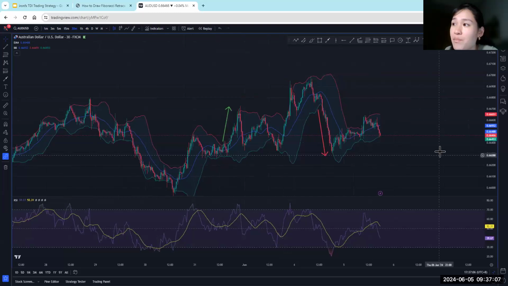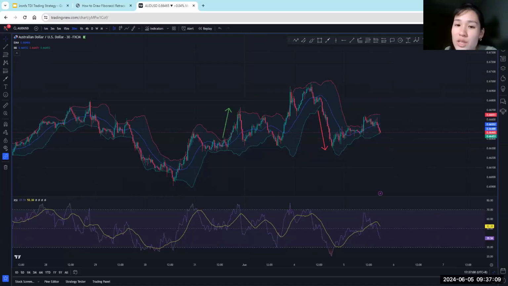But yeah, just to go through some ways to use these different indicators in combination with your graphical analysis as well as your trend indicators.